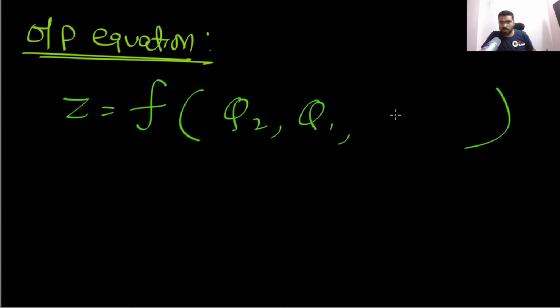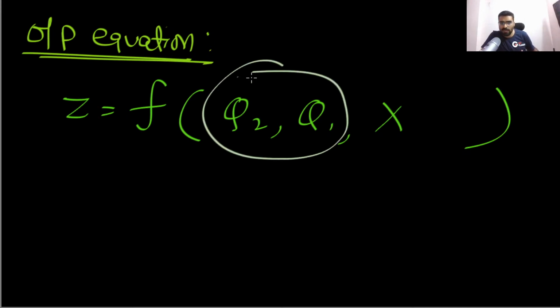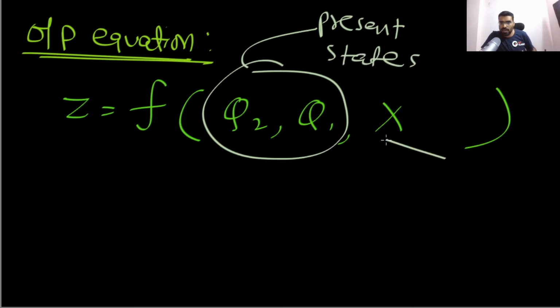Output is Z, so that will be a function of Q2, Q1, and also your X. That will be a function of the present states and also your external input.